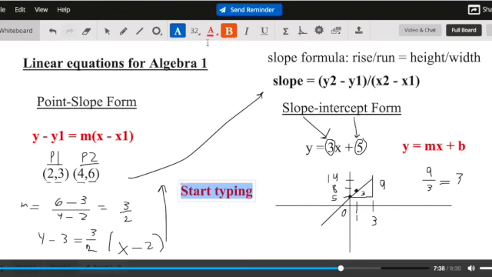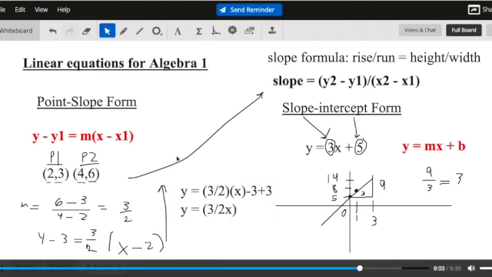It's minus 3, because 3/2 times minus 2 is minus 3, plus 3, because you're moving that 3 on the left side to the right side, so you have to add 3 to both sides. So those 3's cancel, and you get y equals 3/2 x. That's your line.